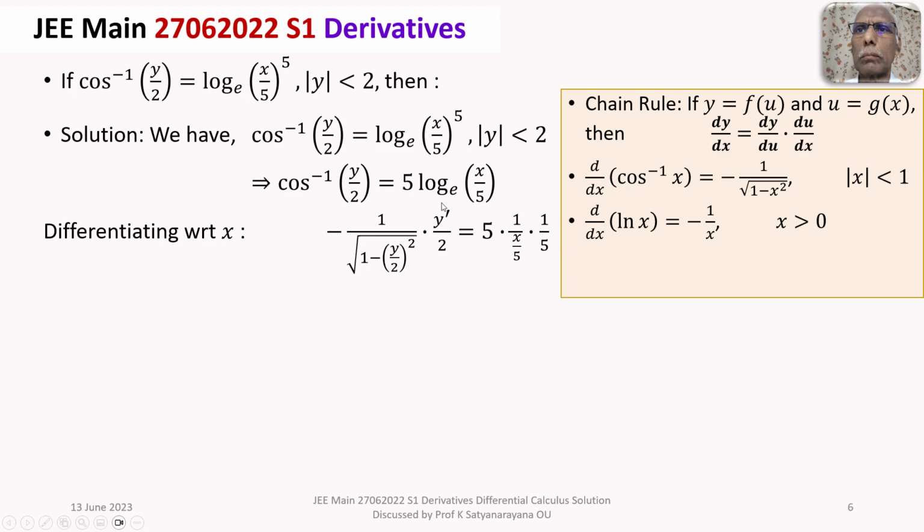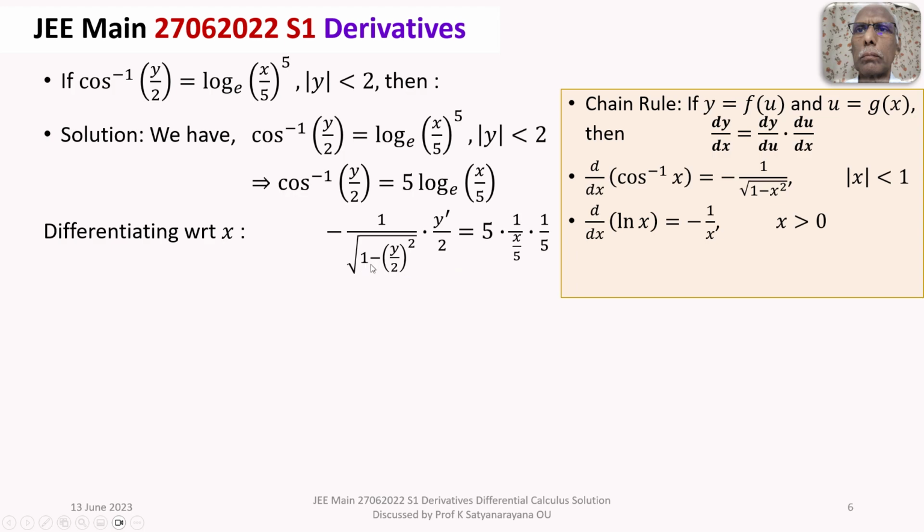This is equal to 5, which is already there, times the derivative of the log, which is 1 by x by 5. Now x by 5 with respect to x is 1 by 5. This 5 cancels, and you remain with 5 by x.